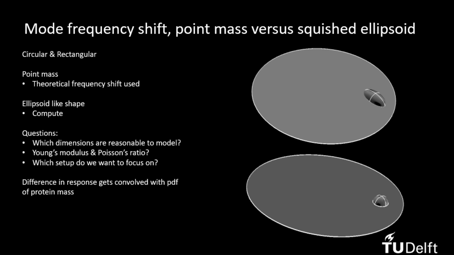Of course, minimum length would be a square with a certain height, which we need to deduce. But if you can find that, then we can calculate the differences in mode frequency shifts based on certain length.